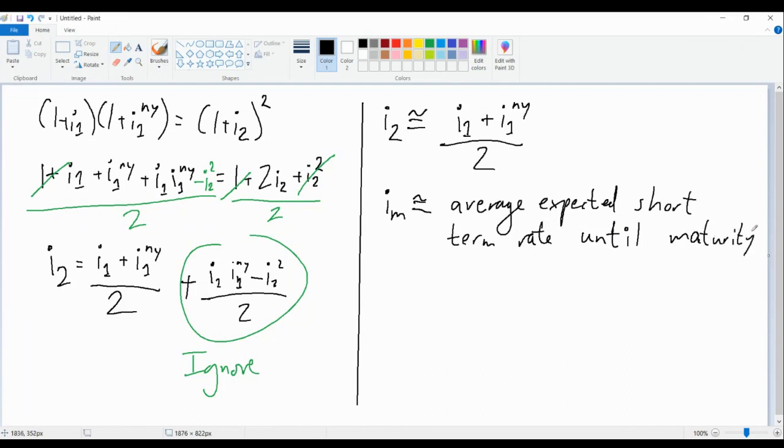Right? So, okay, the 1-year bond is just the 1-year bond. The 2-year bond, according to this, would be the average of the 1-year bond now and the expected 1-year bond in 1 year. I guess I should say the interest rate on a 3-year bond would be the average of the 1-year bond now, the 1-year bond in 1 year, and the 1-year interest rate in 2 years.